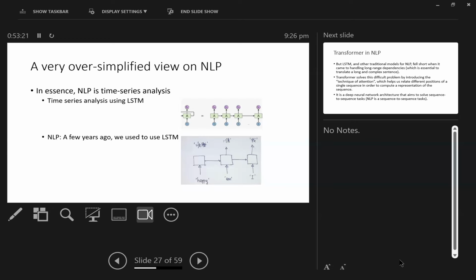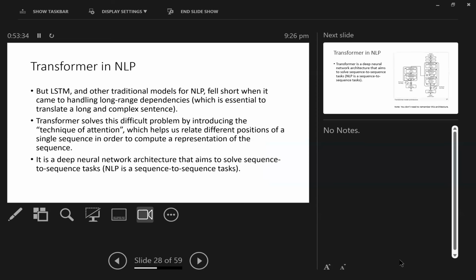But the problem is the long and short-term distinction is not good enough to make the best possible usage of this idea. So one major breakthrough in this area of research is that some research group developed a new architecture in deep learning.